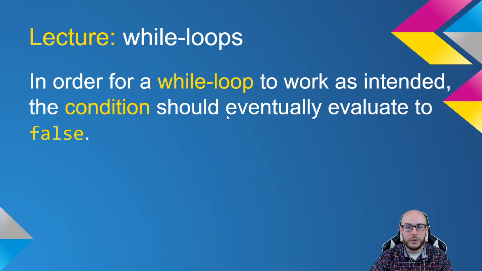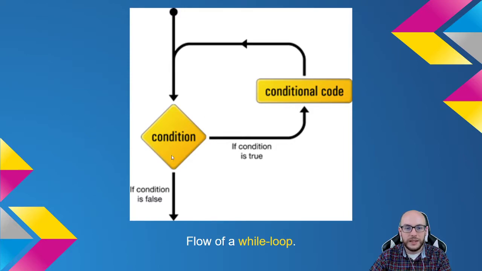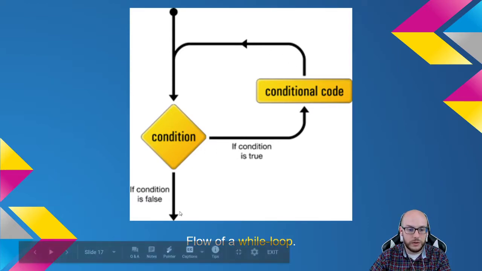In order for a while loop to work as intended, the condition should eventually evaluate to false. What do I mean? You kind of want to set up scenarios where this condition is true initially, and it's true for a while so that you get some iterations in, and then eventually becomes false so that you stop.